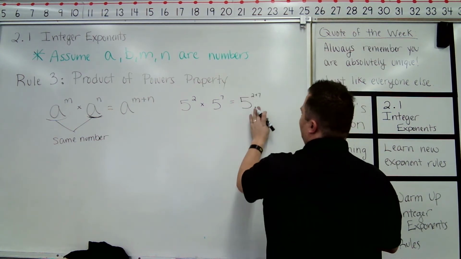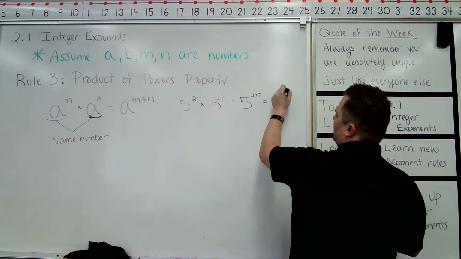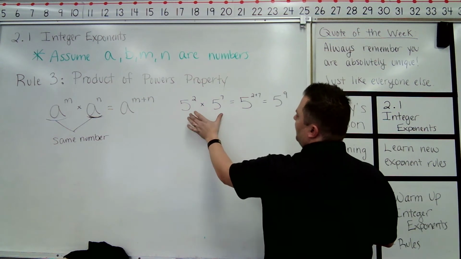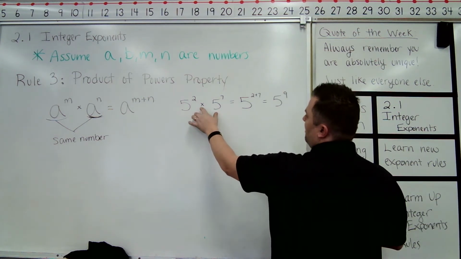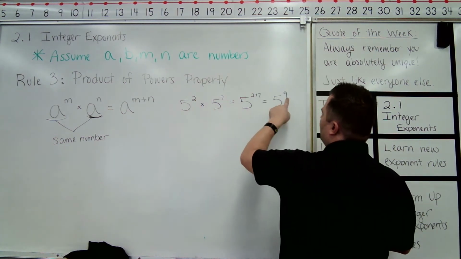I don't want to write it like 5 to the 2 plus 7, so let's just rewrite it as 5 to the 9th. Basically, if I have two bases that are the same, and I'm multiplying them together, I get to add the exponents. 2 plus 7 is 9.